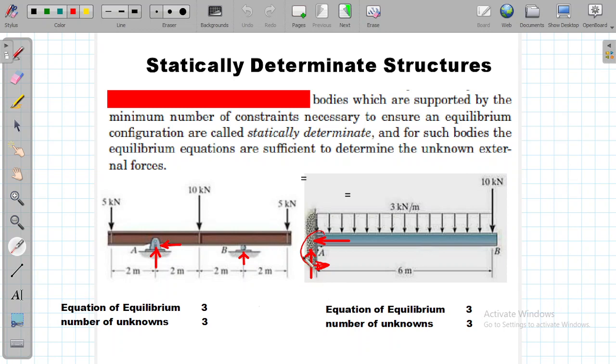So there are three unknown reactions, and again the equations of equilibrium in 2D will always be three: sigma Fx equal to 0, sigma Fy equal to 0, and sigma Ma equal to 0. From sigma Fx you can find the horizontal reaction, from sigma Fy the vertical reaction, and using sigma Ma you find the unknown moment. So these are statically determinate structures and their practical examples from real life.